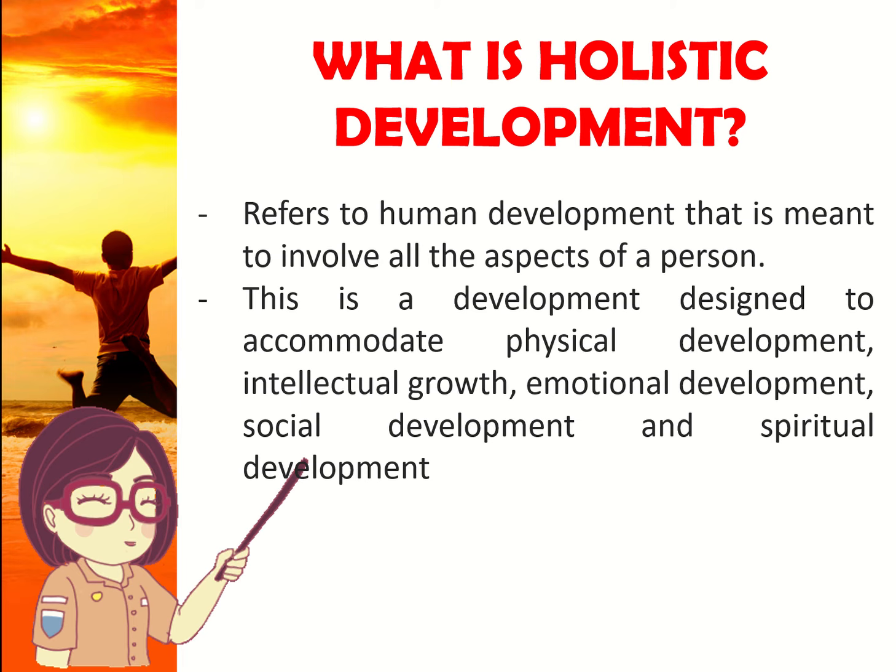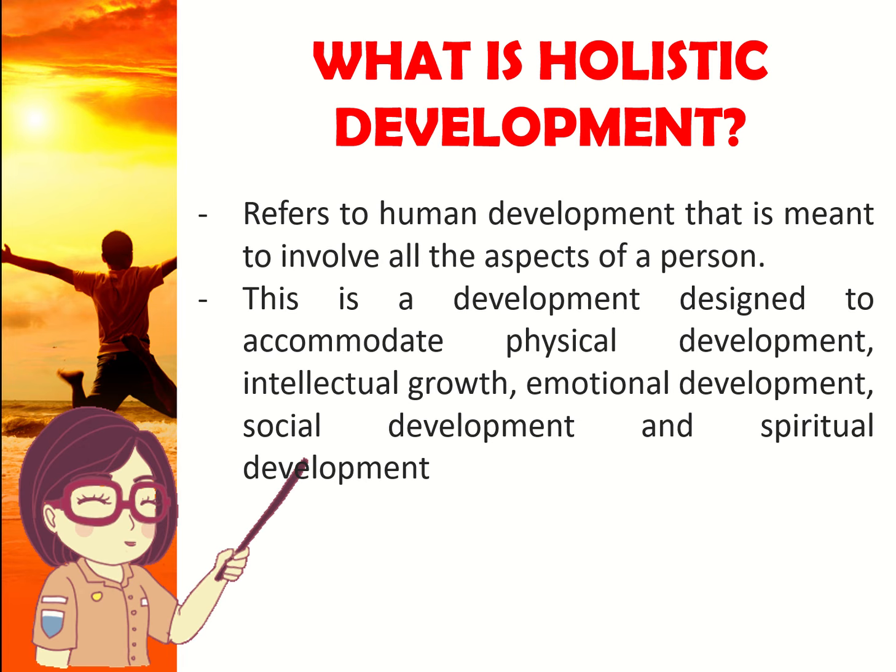Imo ha siyang i-consider. So, this is a development designed to accommodate physical development, intellectual growth, emotional development, social development, and spiritual development. So, mao ni ang mga different aspects nga atong i-consider. Again, 5: physical, intellectual, emotional, your social, and spiritual.